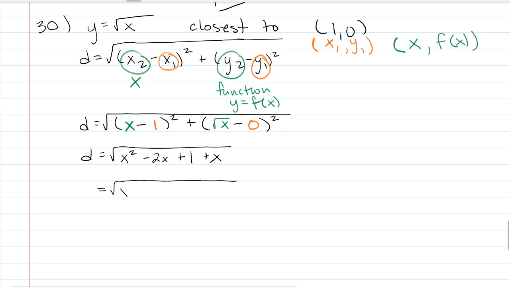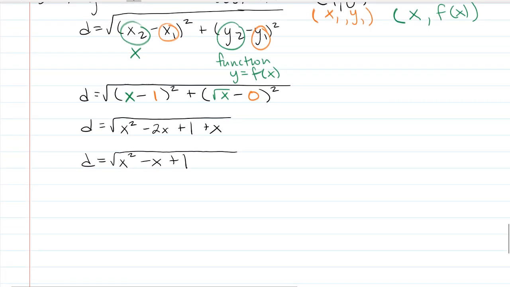Yeah, alright. So then we clean this up, and we have x squared minus x plus 1 is equal to the d. And we need to take the derivative of this. And this will be one of the few times where you see me just do d prime instead of the derivative notation.